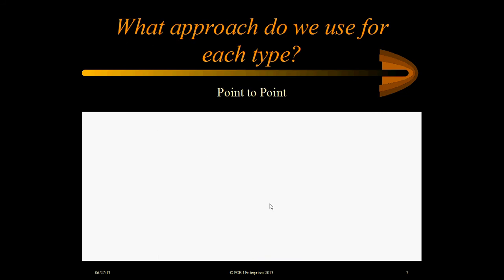So what exactly is the approach? What do the data architects do? What do they produce? First of all, again, let's start with the point-to-point. Well, we start with the source data interface. And based on that, we develop a physical model that describes the organization of the data in that interface.